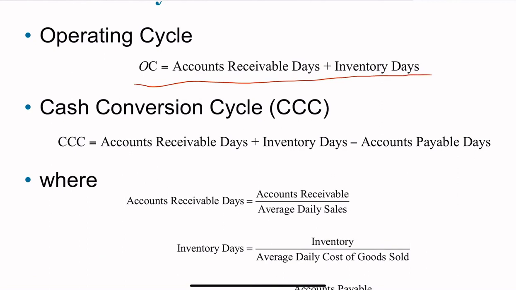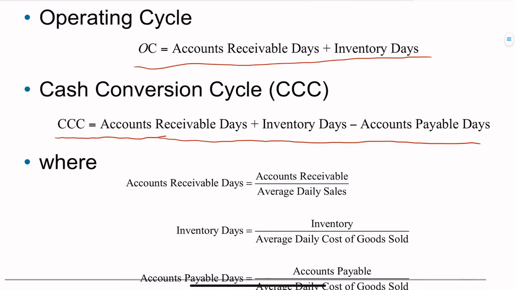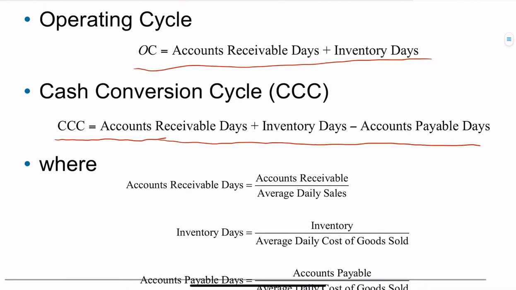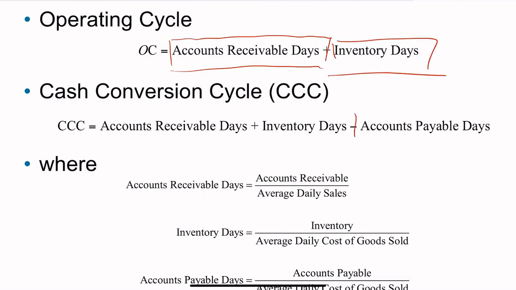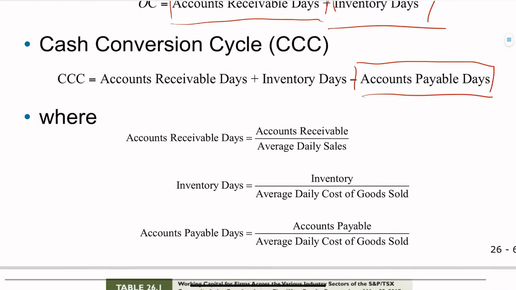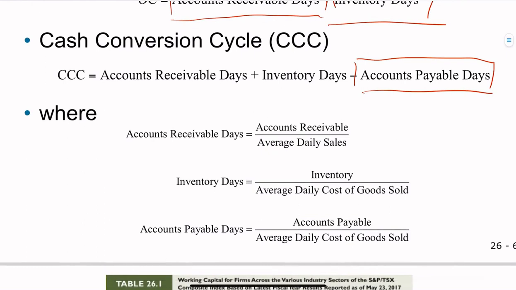And then because cash cycle equals operating cycle minus accounts payable days, we can see that cash cycle equals accounts receivable days plus inventory days minus accounts payable days. And we basically have three kinds of working capital days in these two formulas, right? And the formulas to calculate these working capital days are given here.